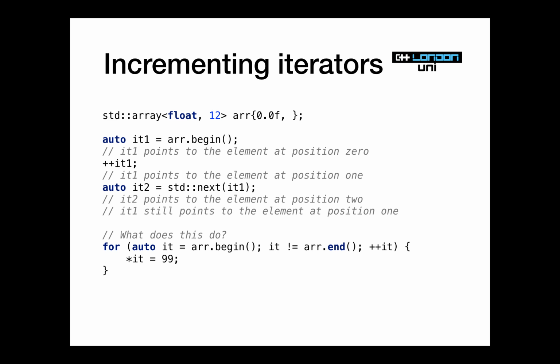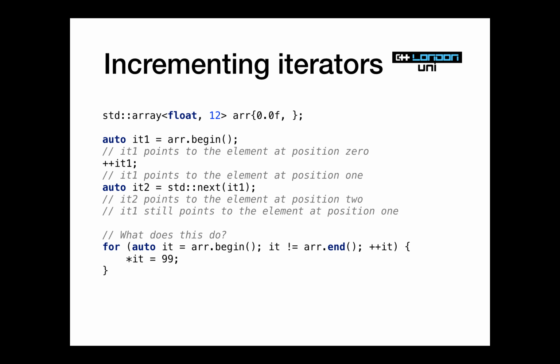Yes, plus plus. In this case, yes, it would output exactly the same thing. So the difference between the pre-increment, which is plus plus thing, and post-increment, which is thing plus plus, is that the pre-increment increments the iterator, and then returns the new iterator, or a reference to it.